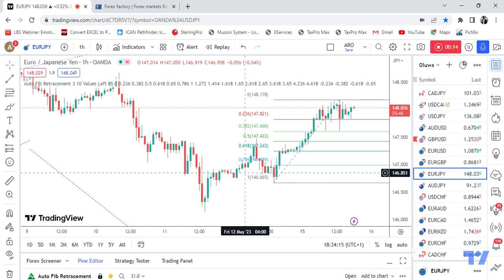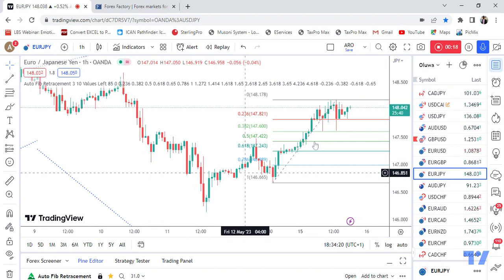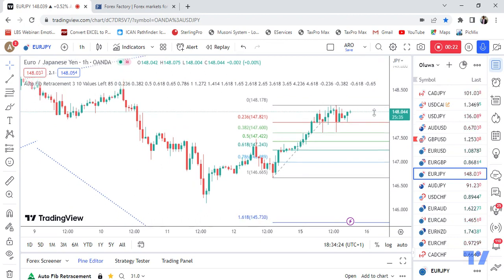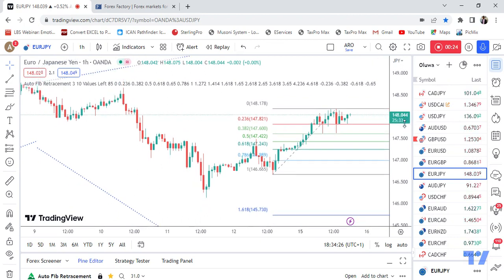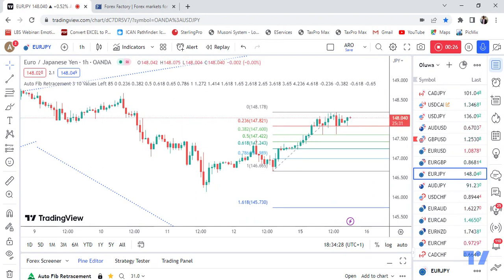Today, we'll be looking at TradingView setups. We'll be looking at TradingView test setups. As you all can see, this is a TradingView platform.